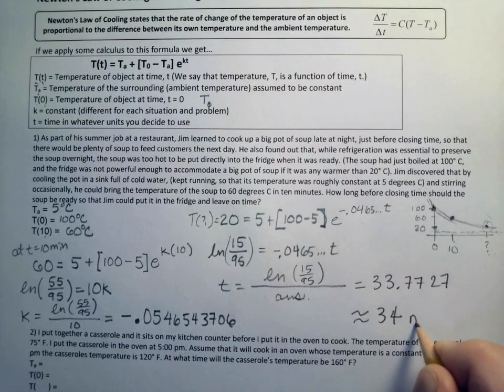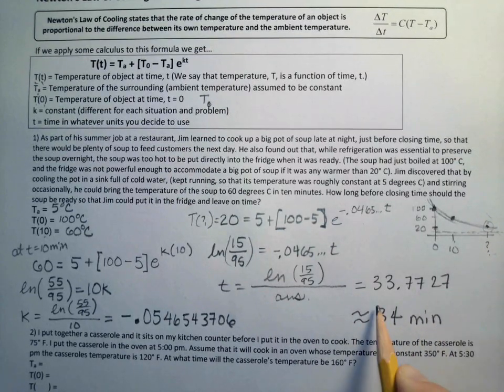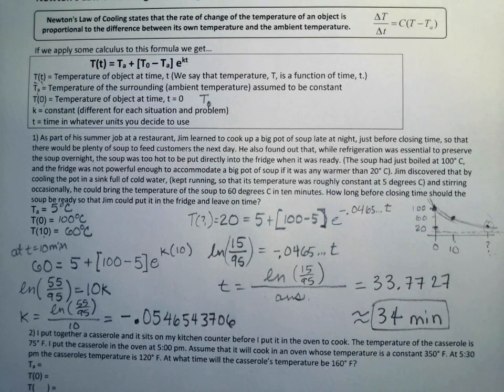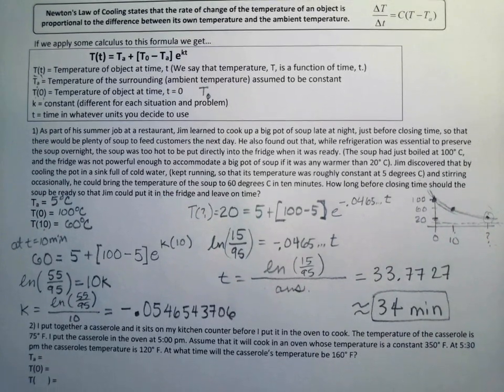So if he finishes the soup, cooking it 34 minutes before closing time, immediately puts it in the sink of cold water, then in 34 minutes, he should be able to decrease the temperature down to 20 degrees. And as a result, be able to put it in the refrigerator and leave work on time.